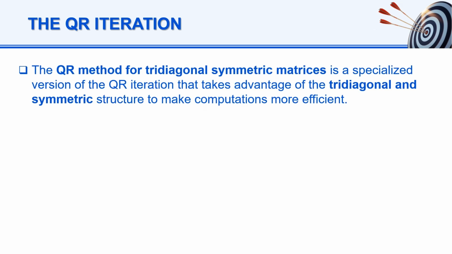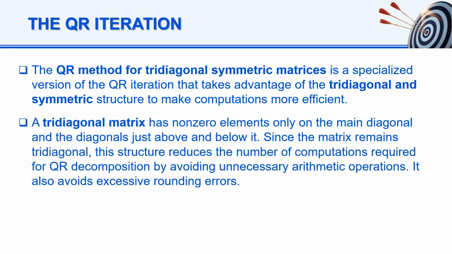The QR method for tridiagonal symmetric matrices is a specialized version of the QR iteration that takes advantage of the tridiagonal and symmetric structure to make computations more efficient. A tridiagonal matrix has non-zero elements only on the main diagonal and the diagonals just above and below it.